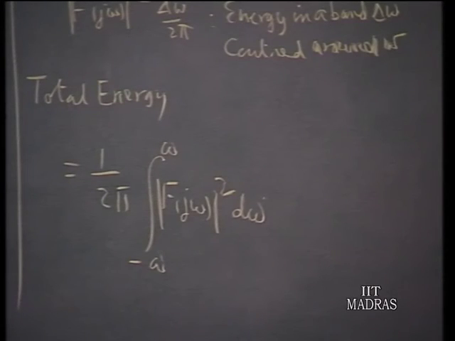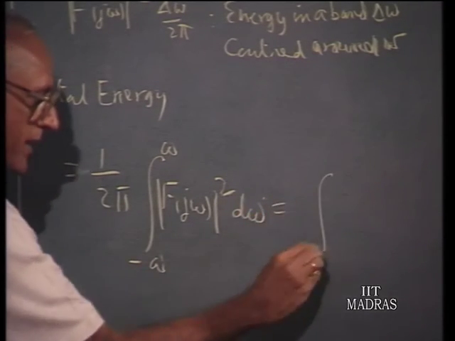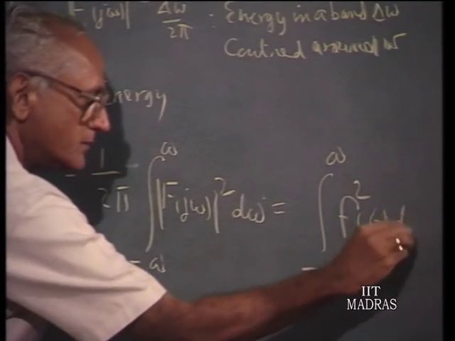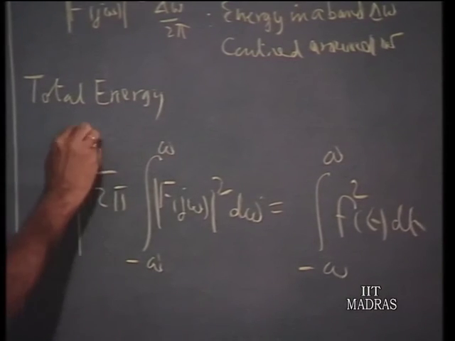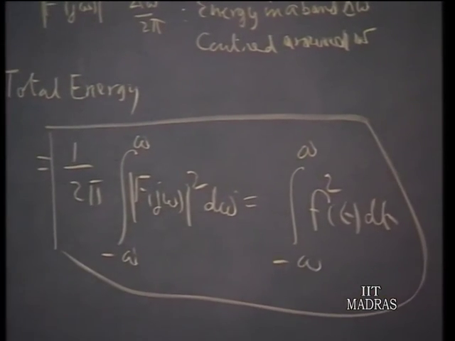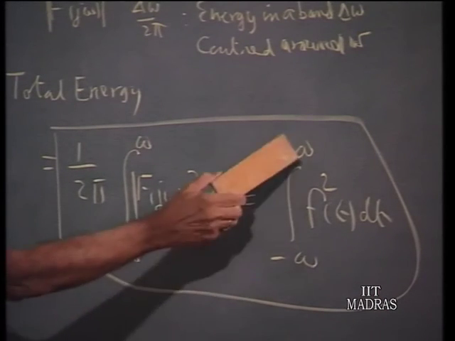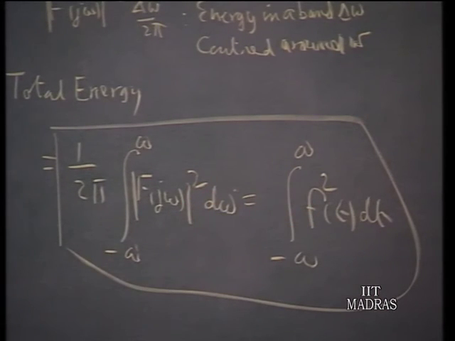So, this is an interesting relation that this, of course, is integral from minus infinity to plus infinity of f squared t dt. So, you can calculate the energy in time domain as integral from minus infinity to plus infinity of f squared t dt, that is the energy, that is called the energy available from a signal f of t.